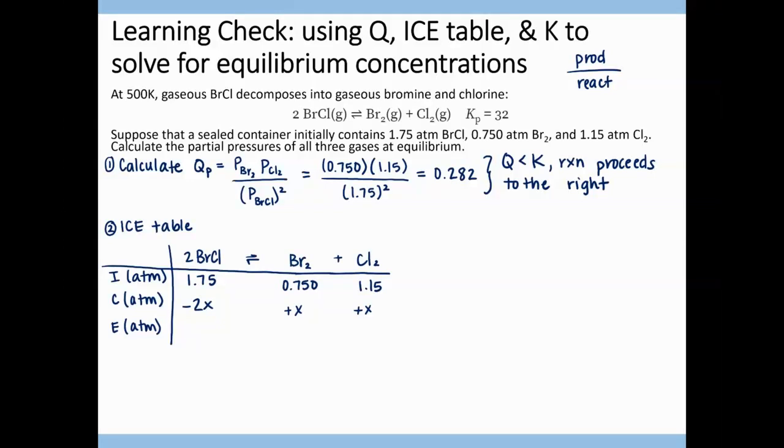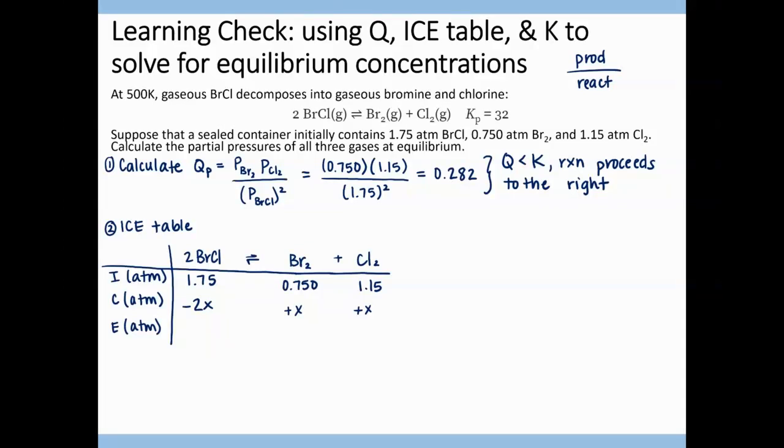Okay, now what? We don't have any equilibrium partial pressures for any reactant or product. So what can we do now to find equilibrium? Would we be able to set them equal to each other? So what would you set equal?